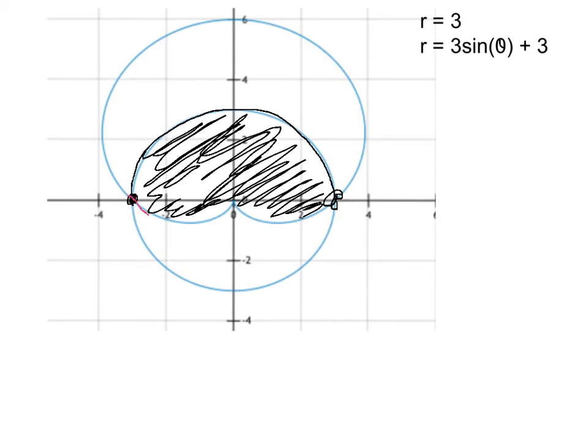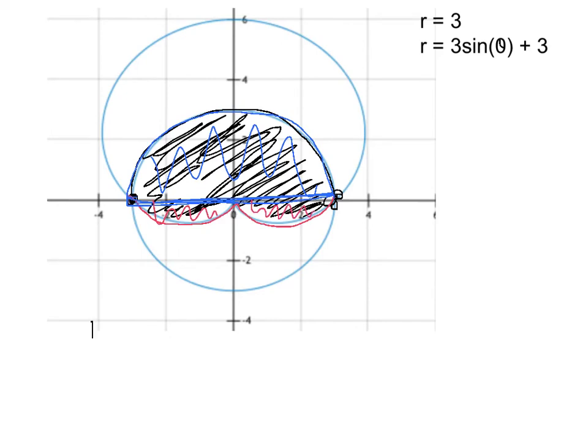And from pi to 2 pi, we have a change of what function creates the shape. So what I would do in this example is think about this as two separate functions, two separate shapes. I'm going to find the area up here, and then I'm going to find the area down here, and I'm going to add the two together.